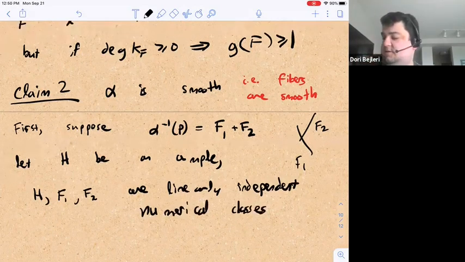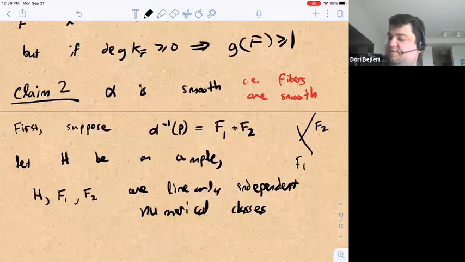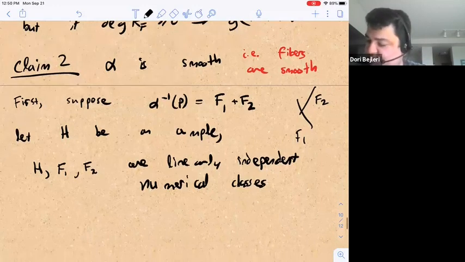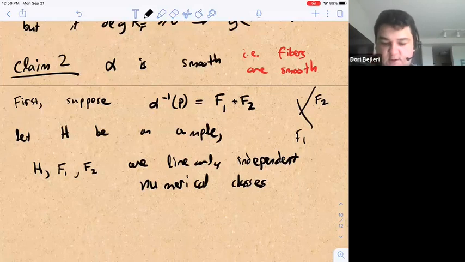Because F1 and F2 are fibers, so they're going to have negative self-intersection, but they're going to intersect each other in some positive number because the fibers are connected, so they have to intersect somewhere. And then H intersects both of them positively, and also F1 plus F2 is a fiber, so it squares to 0, and so you use all these relations to derive that they're linearly independent. So I'll leave that for you to check.